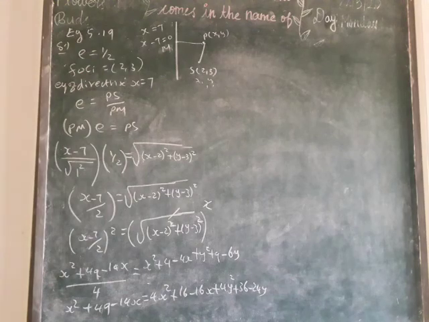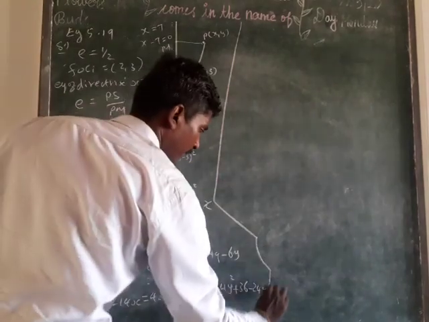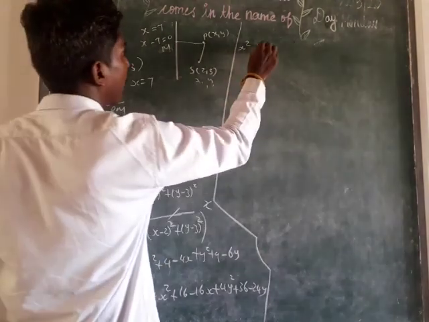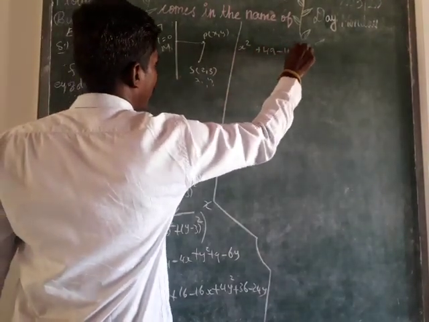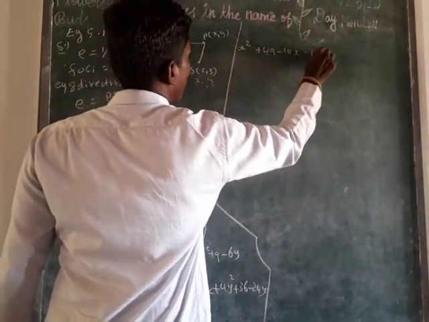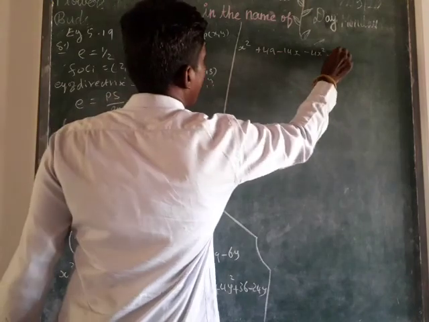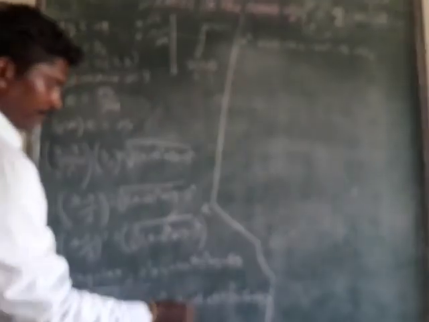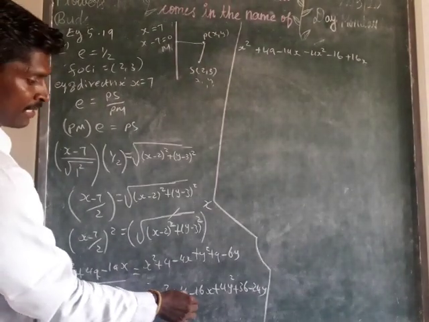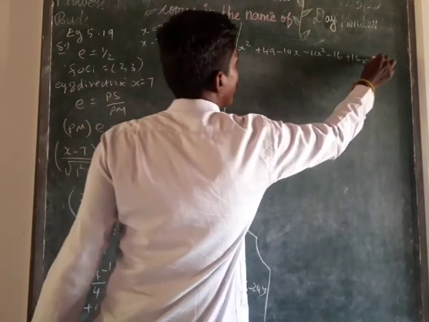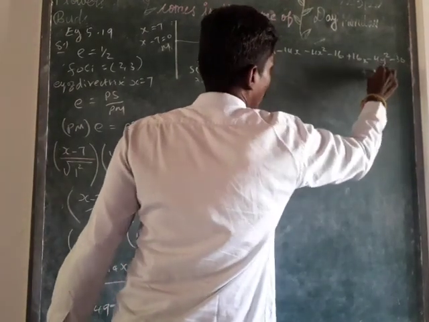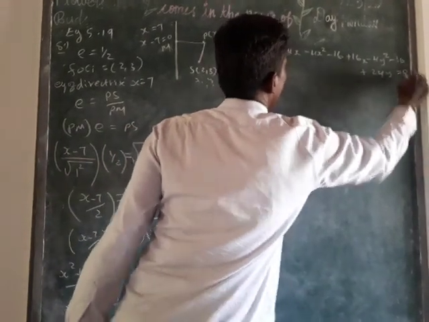Now bring all the terms to one side. We have x squared plus 49 minus 14x, minus 4x squared, minus 16 plus 16x, minus 4y squared, minus 36, plus 24y equal to 0.